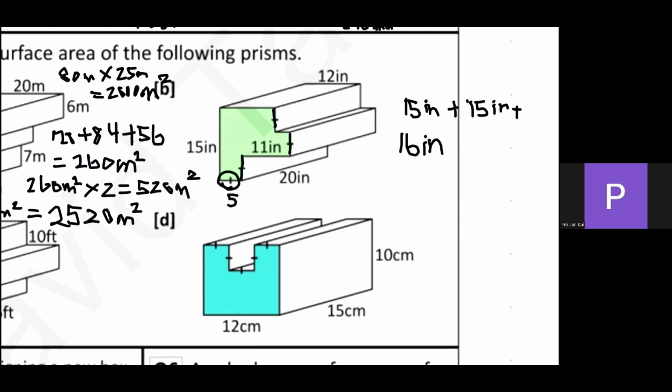Here is 12. And here it would be 4. So it is also 16 inches again. So it would be 62 inches in total for the perimeter of this prism.